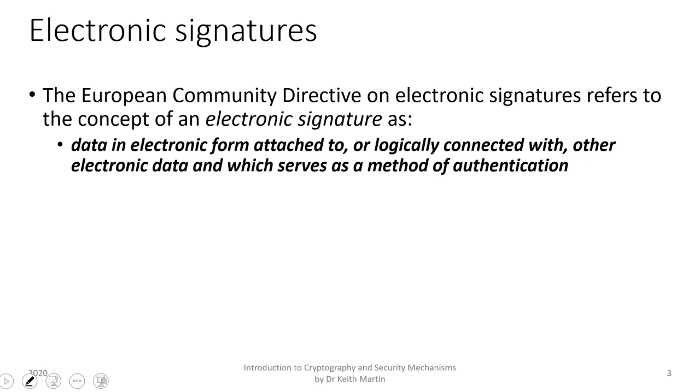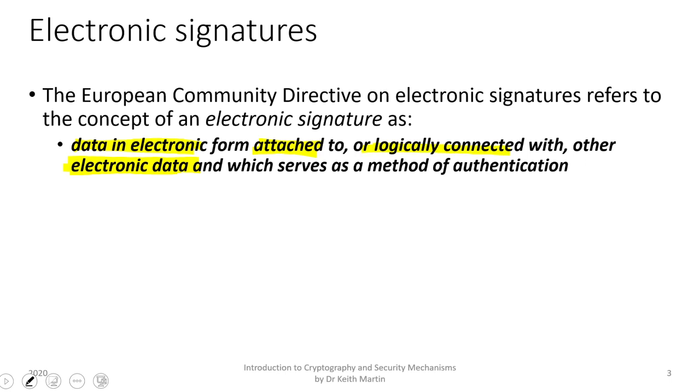So we will have some original electronic data that we are communicating, say, if you are sending a message, that is the original electronic data. Then with that, another part of electronic data will be either attached or somehow connected to it.